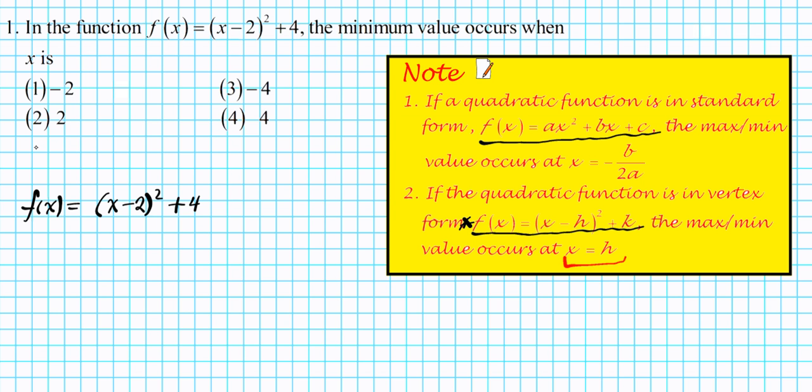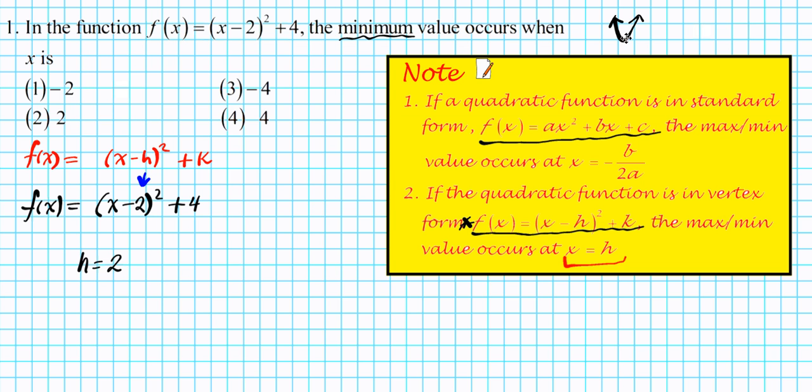All right, so we have f of x is equal to (x minus h) quantity squared plus k. Now, can you see what h is? H is what you're subtracting from x, right? So you have x minus h, you have x minus 2. So we can clearly see that h is equal to 2. Now, we know that it is a minimum because this is positive, so we have an upward opening parabola.